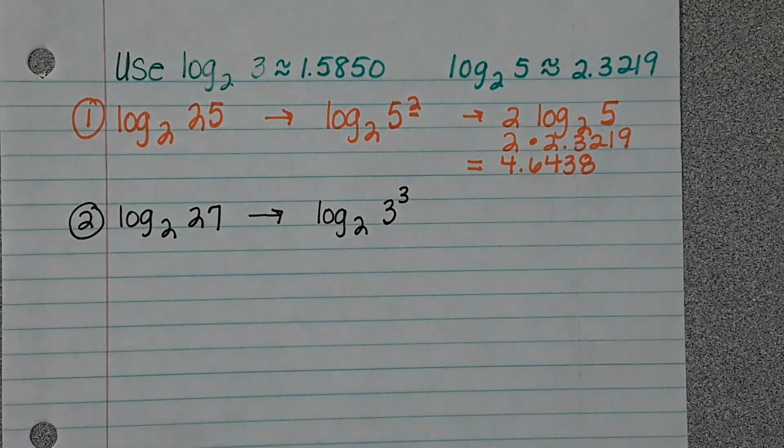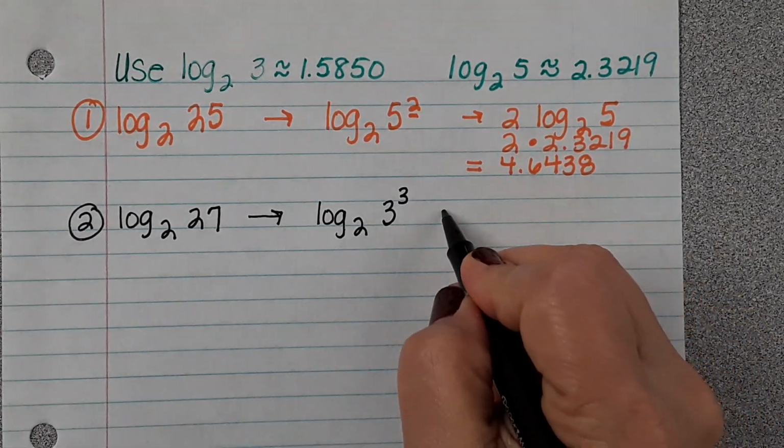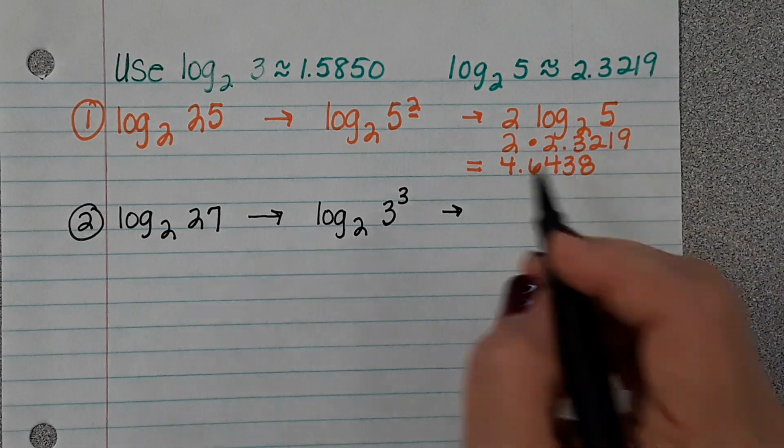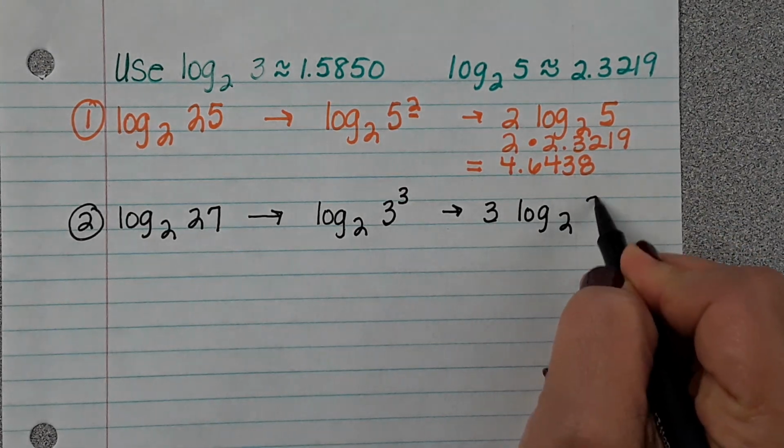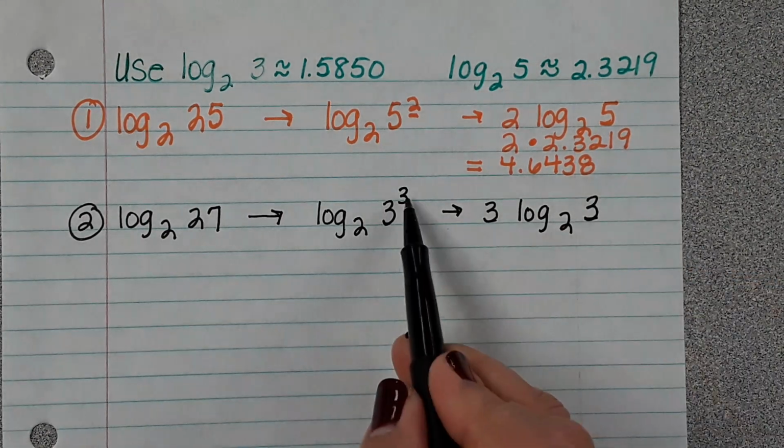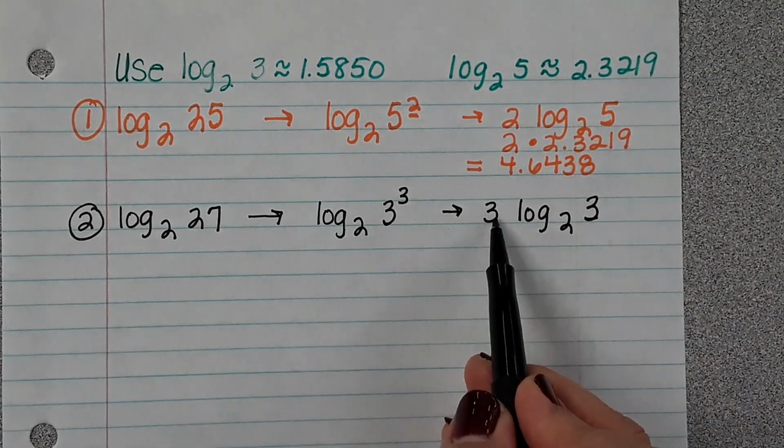Yep, so it's log base 2 of 3 cubed, because we can rewrite 27 as 3 to the third power. Go ahead. 3 log base 2 of 3. That exponent went into the front of the log.